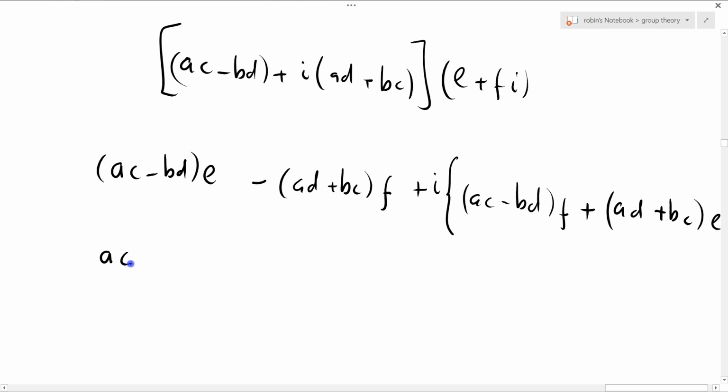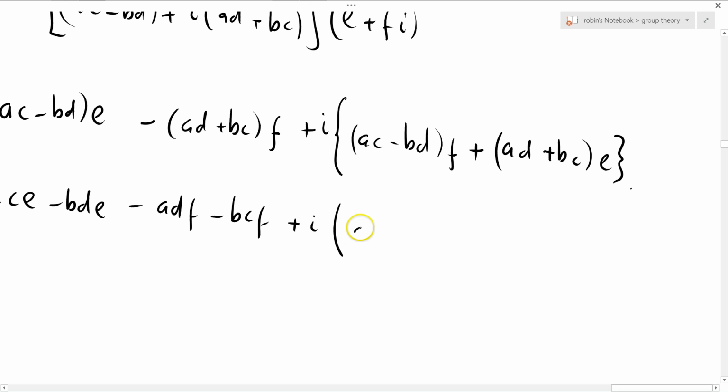We've got ACE minus BDE, that term and this term, minus ADF minus BCF plus I into ACF minus BDF plus ADE plus BCE. There it is. Oh, I've opened a round one and closed the curly one.